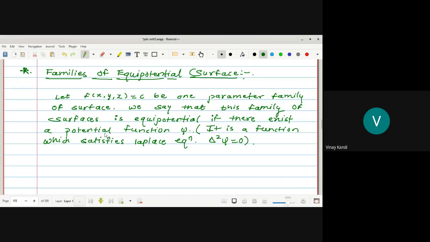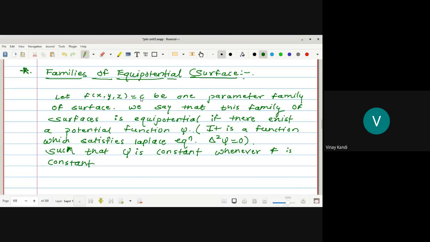So if there exists a potential function psi such that psi is constant whenever small f is constant. What is the meaning of this sentence?